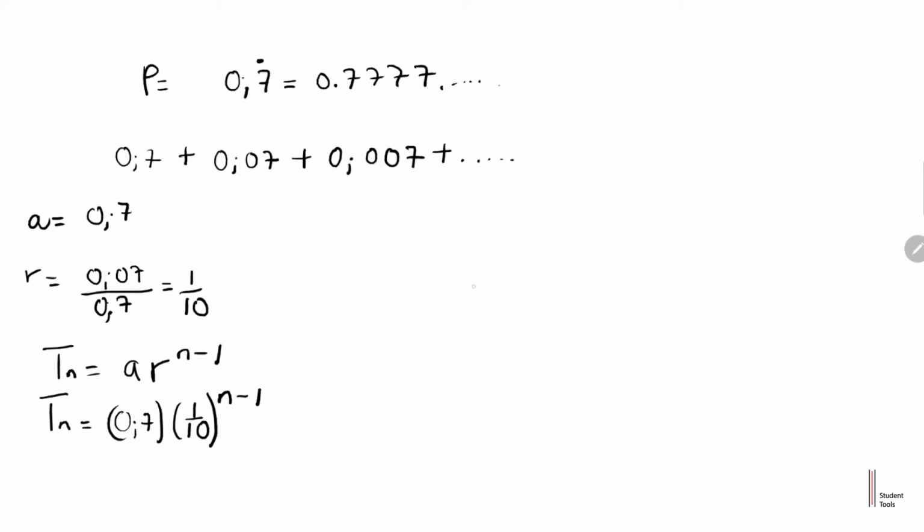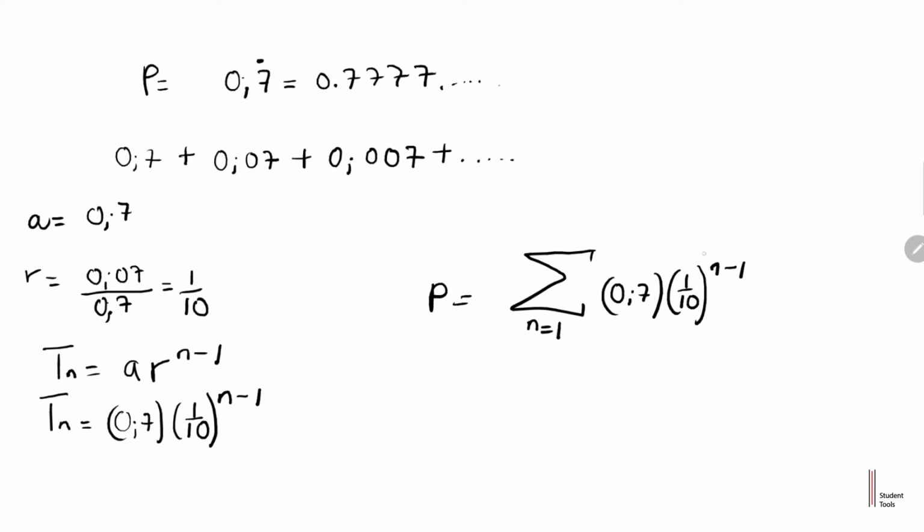All right, so P is equal to, let us write our sigma sign, and we have this general term that is 0.7 multiplied by 1 over 10 to the power n minus 1, starting from n is equal to 1.